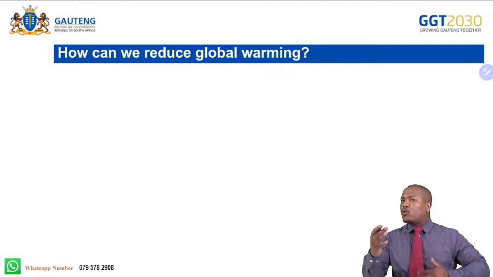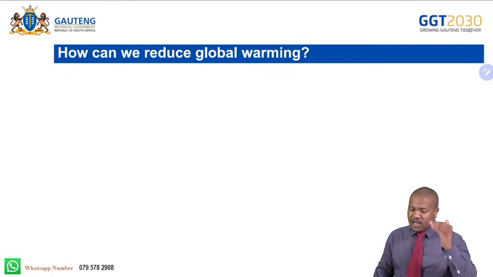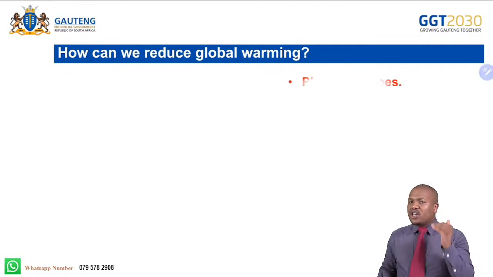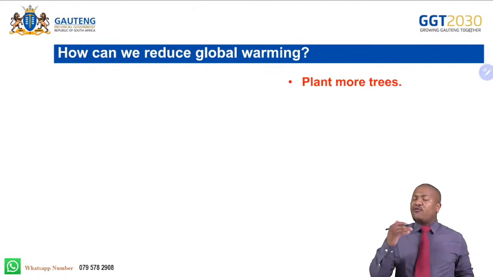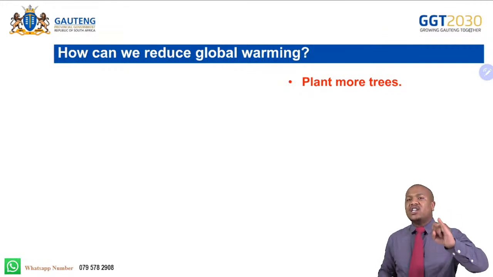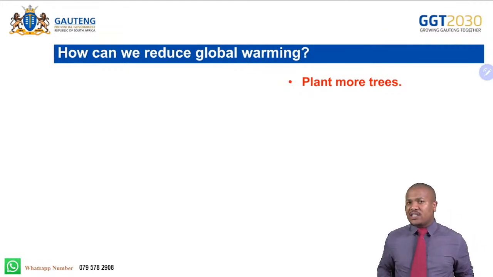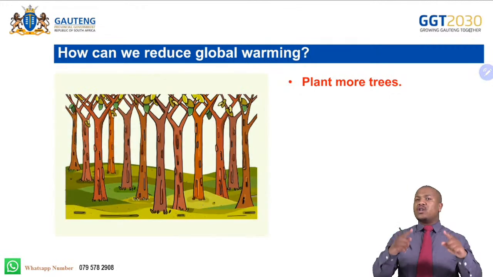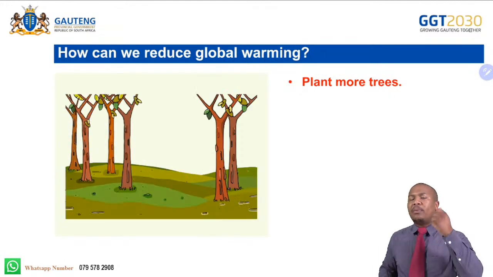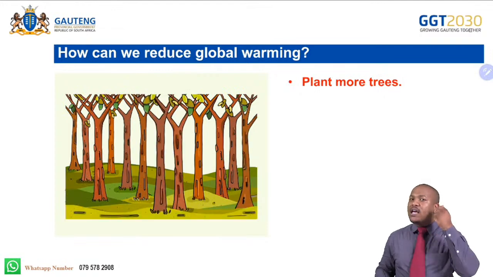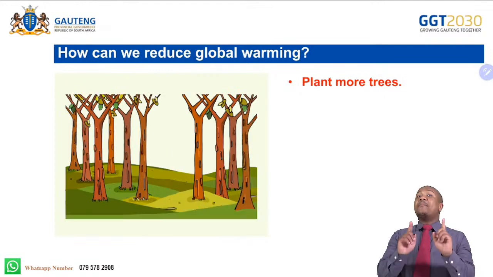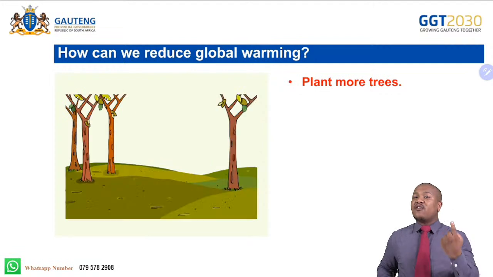So now, let's come up with solutions, right? Let's stop talking about problems only. How can we reduce global warming, right? The first point then, plant more trees, afforestation, right? Now, my question to you is, why do we need to plant more trees so that we avoid global warming? Remember, trees, they photosynthesize.